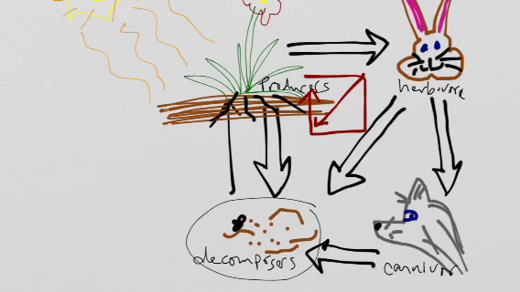Now, where the sun comes into play here, the sun is not in theory part of the matter cycle because it is not on this planet. However, without energy from the sun, photosynthesis cannot occur.